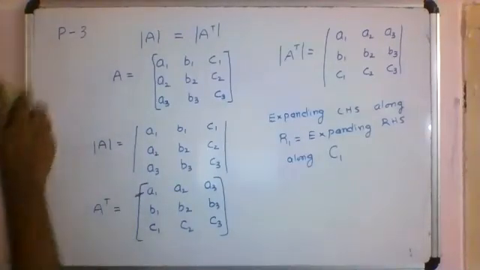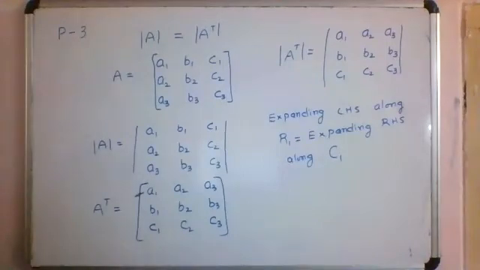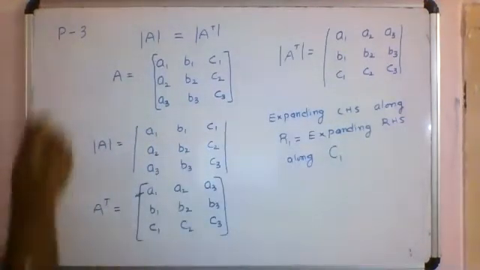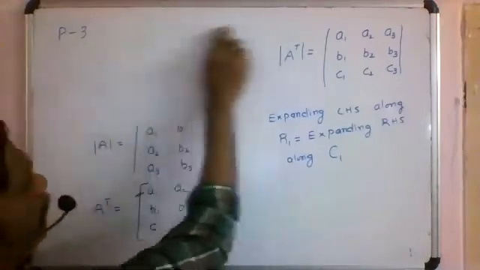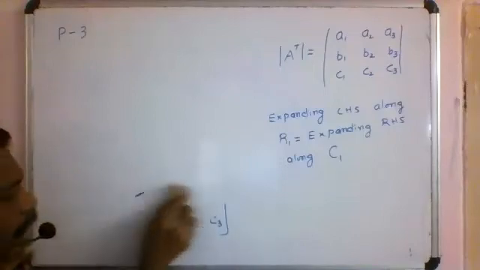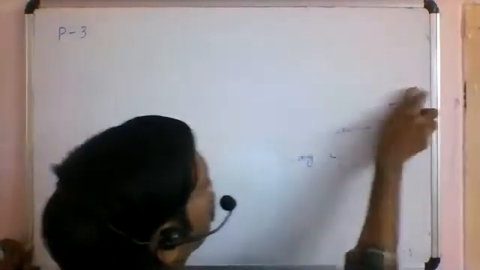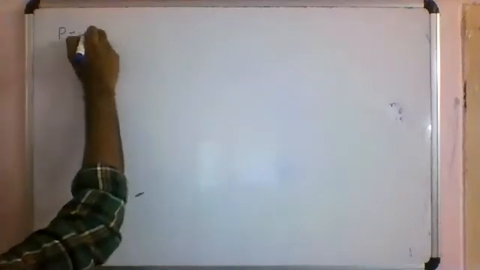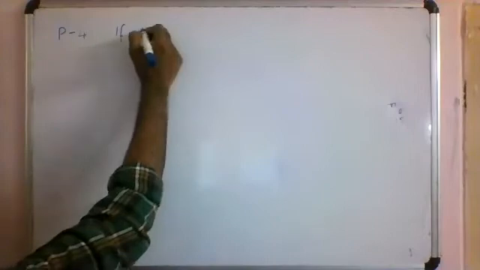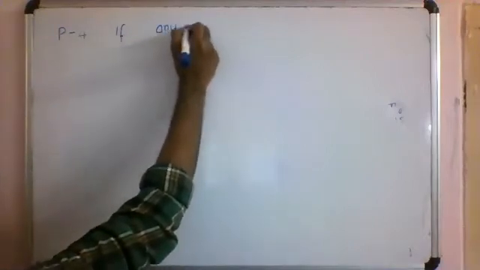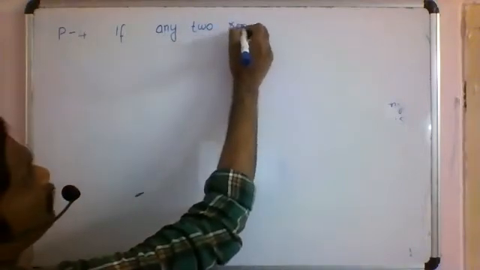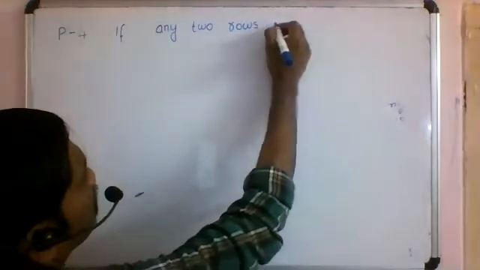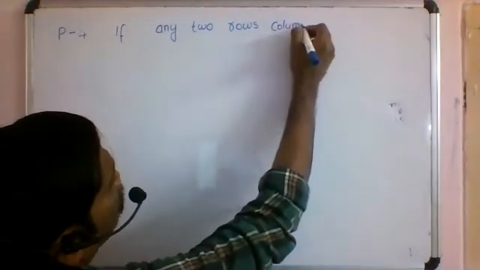And next property, property 4. If any two rows, whenever I indicate rows here, I mean to say columns also.